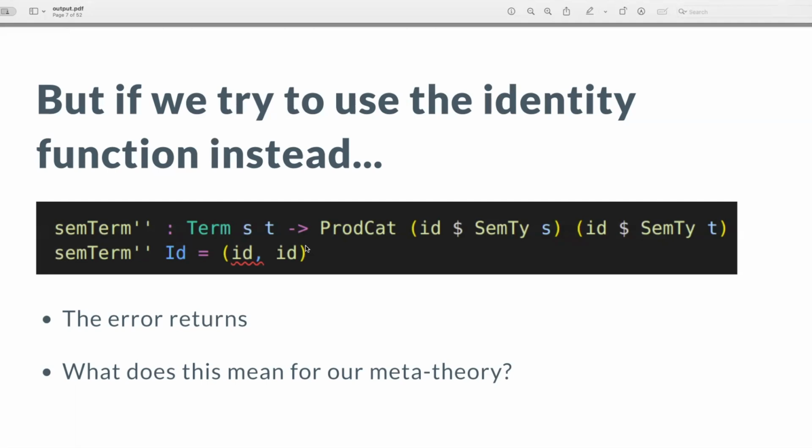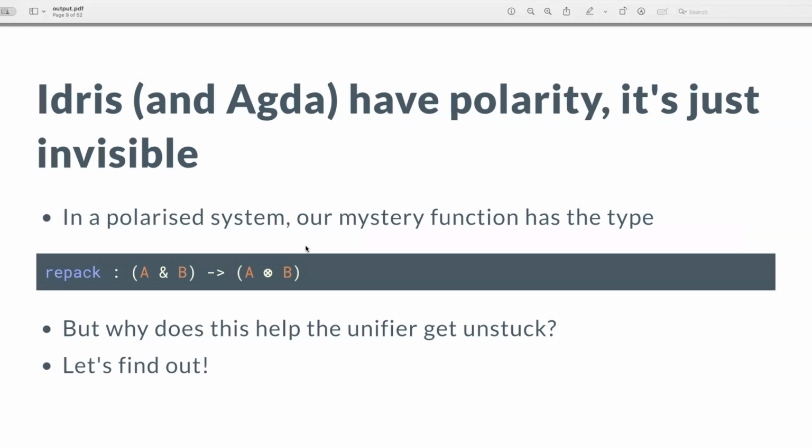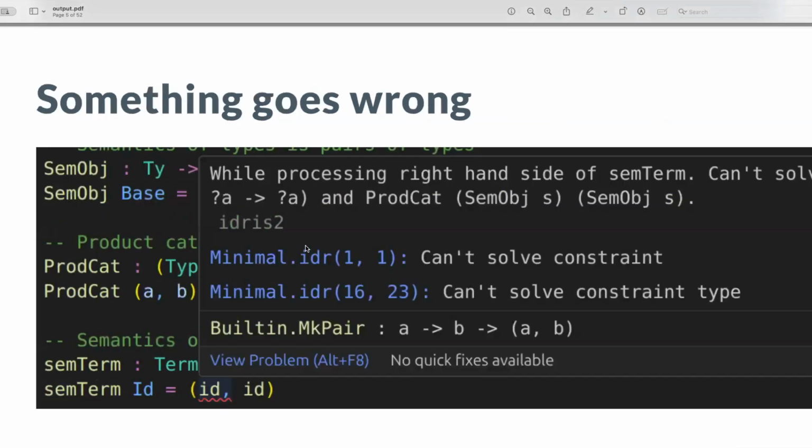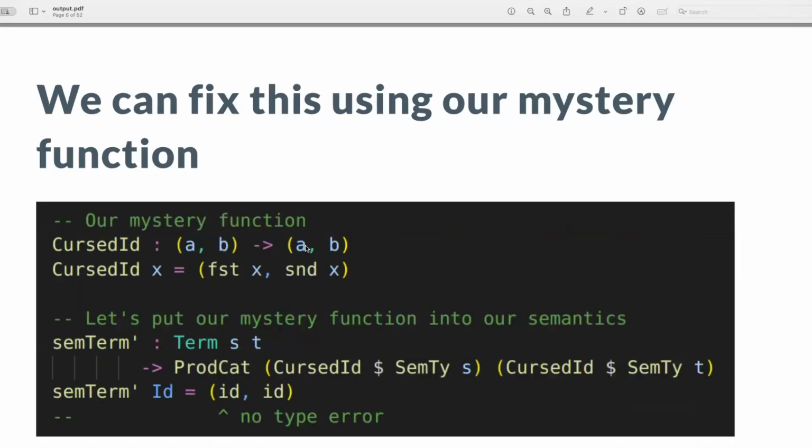However, in the negative fragment, right, where is the cursed idea? Okay. In the negative fragment, computation is driven by primitive consumers. So first and second are primitive consumers. They will always have your computation stuck. So what we're doing here is we're saying, use the negative primitive consumers, first and second, to create a positive pair.